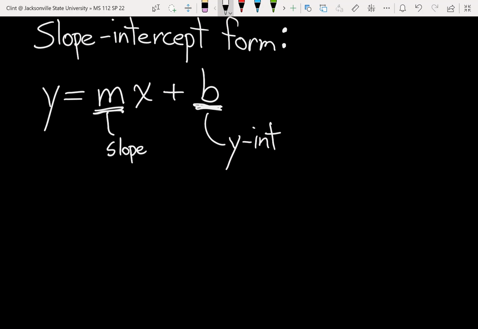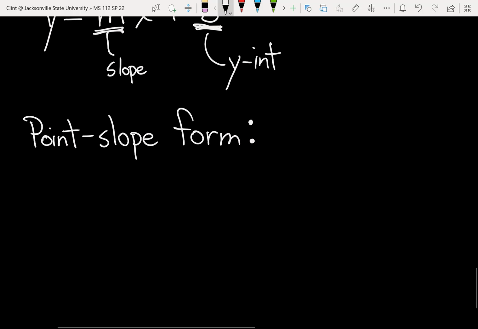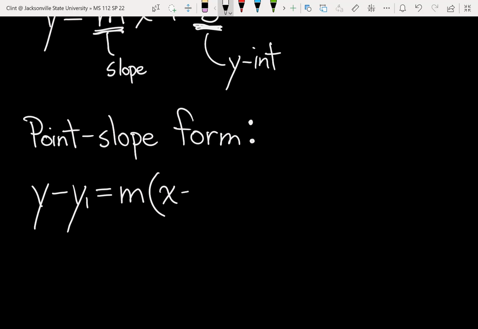So in the situation where we just know some point, which might not be the y-intercept, and we know the slope, we get what we call the point-slope form. It looks like this: y minus y1 equals m times, in parentheses, x minus x1.